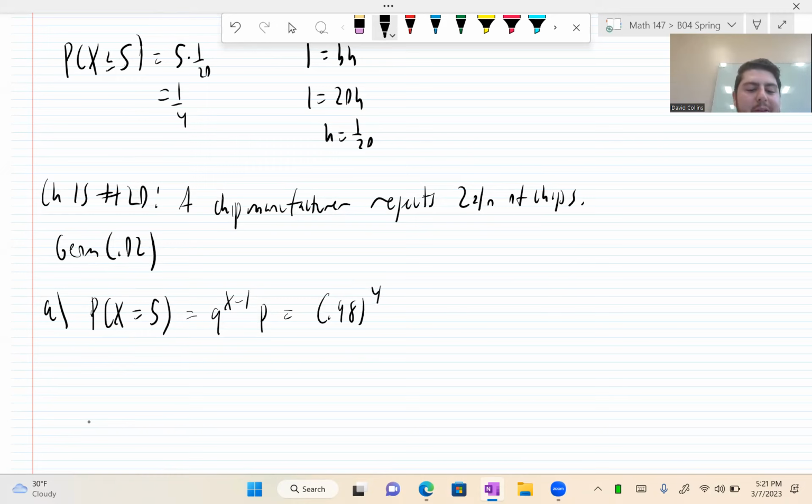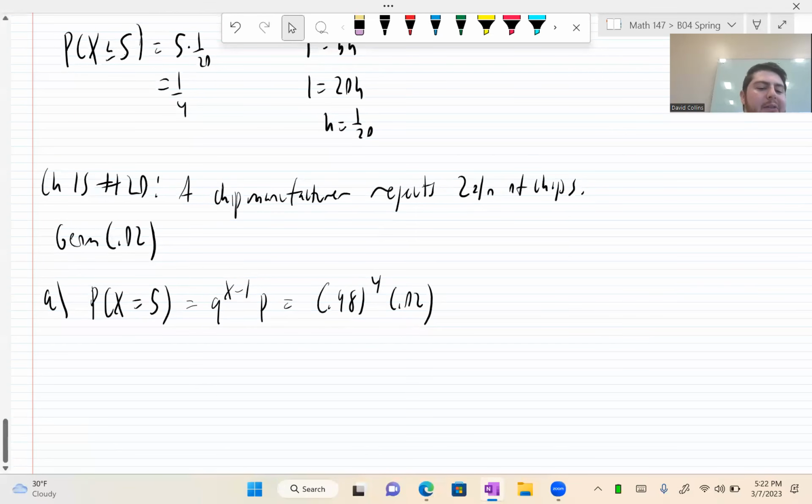We need 4 failures and 1 success. You plug that into a calculator, you get an answer. Does everyone see how I got that? You know it's geometric, so that's telling you what your little x is.